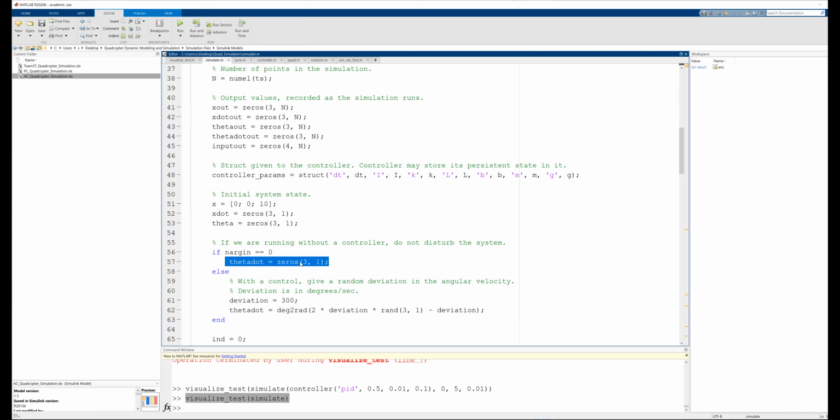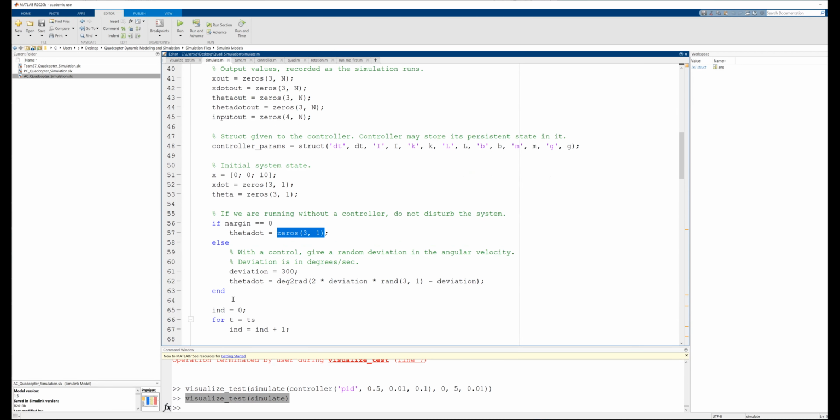What we want to do is provide some sort of disturbance to the initial angular velocity. Initial angular velocity is 0. So we want to provide some disturbance to it and then see how good or how bad the quad works.